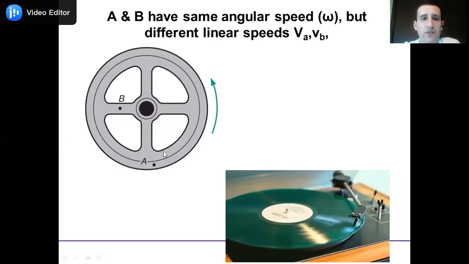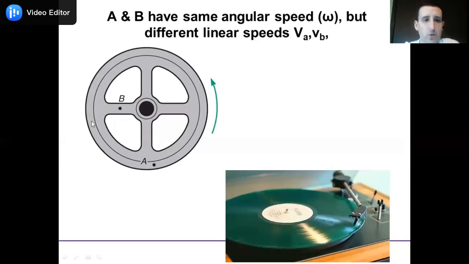And here's just a very simple model of 2 points on a rigid object, A and B. And they're going to end up with different velocities. A is going to have a greater linear velocity as it moves and covers distance in a certain unit of time than B is. And if you just think about it, whether you think about the whole circle or whether you think about a quarter of a circle, right?